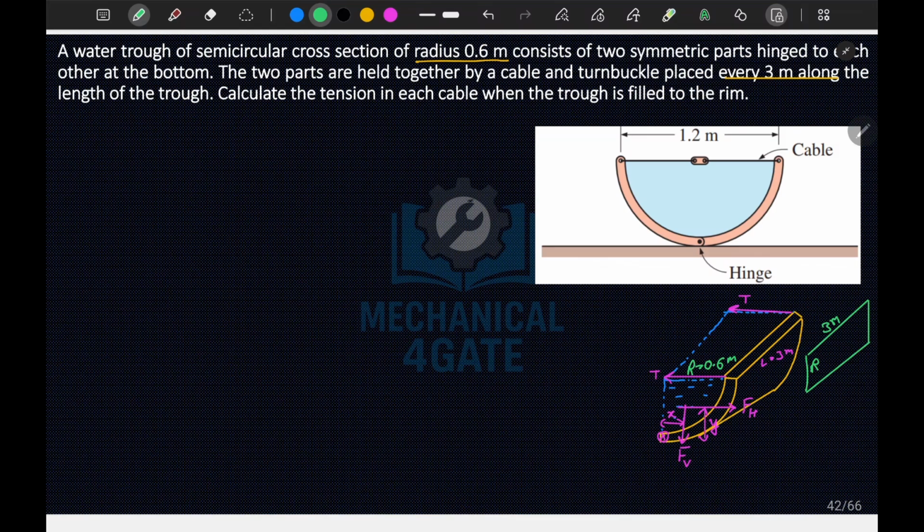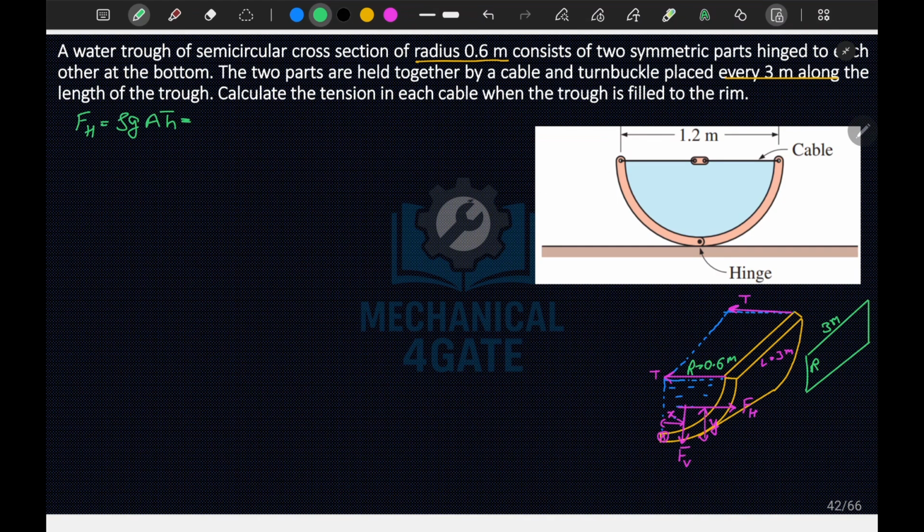Basically this type of system can be concluded like this: this part here is indicated by this diagram, and similarly for the reverse part we can draw a diagram. So we are now considering only the right hand portion. Your FH is equal to rho g into A into h bar.